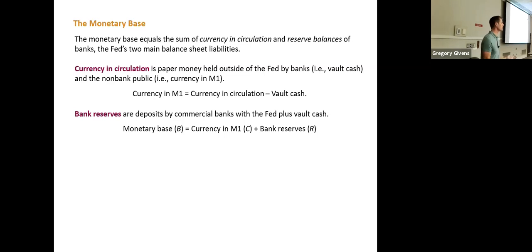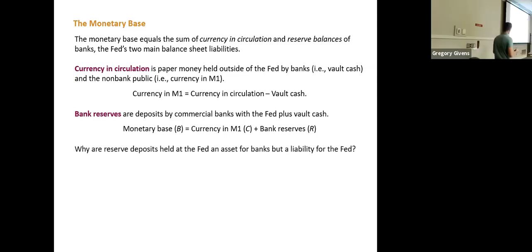For the purposes of our model and the exercises that we're going to do, it's good enough to understand the monetary base as basically being currency in circulation plus the reserve balances of the banking system that they hold on their accounts with the Federal Reserve.